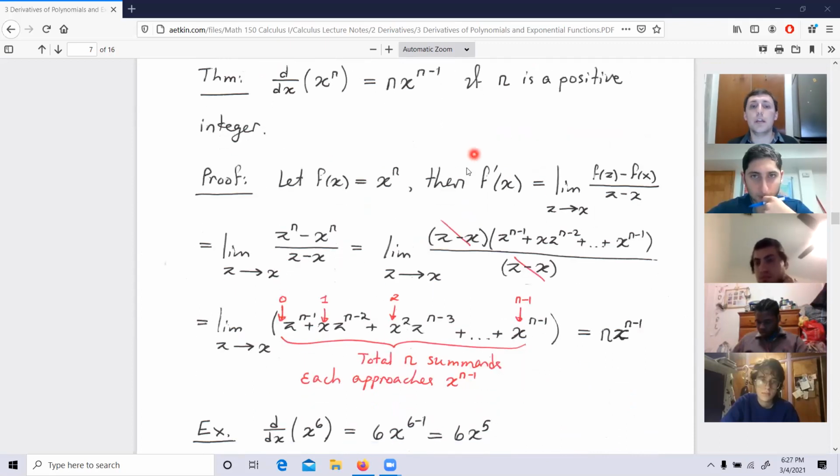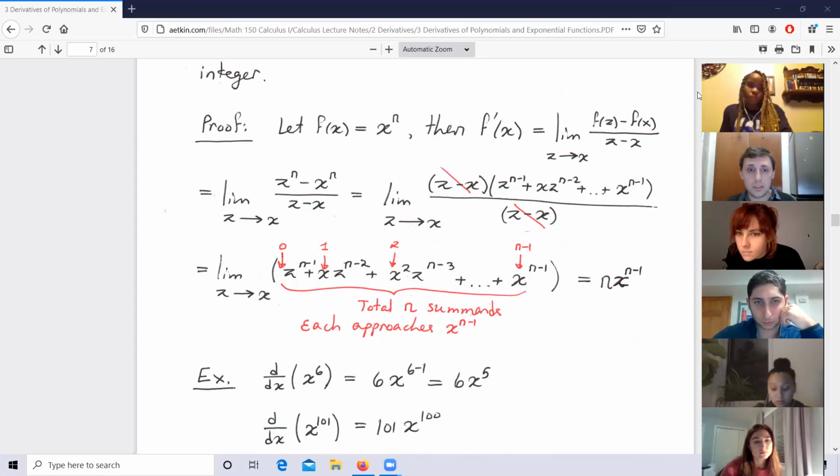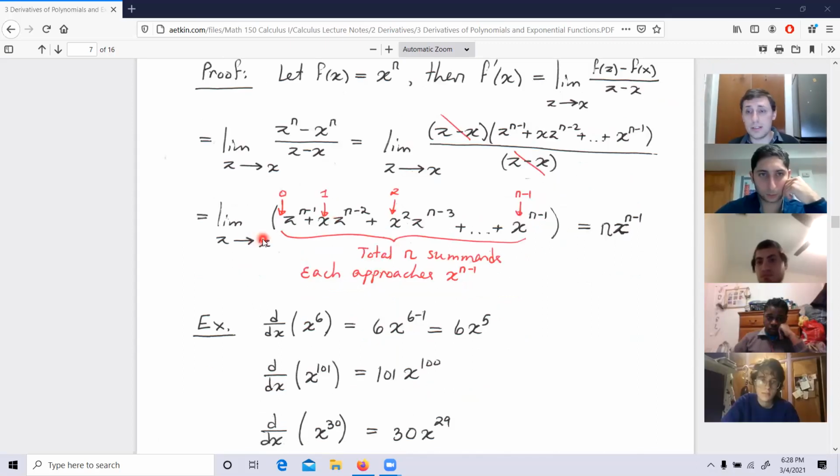So here, guys, we carry that calculation. We go by the definition, z going to x, f of z minus f of x over z minus x. Now I factor out z minus x. Here is that formula. This is what's left, guys. Do you agree? I mean, factoring already worked it out. This is that factor. Yes? And then we push z towards x.